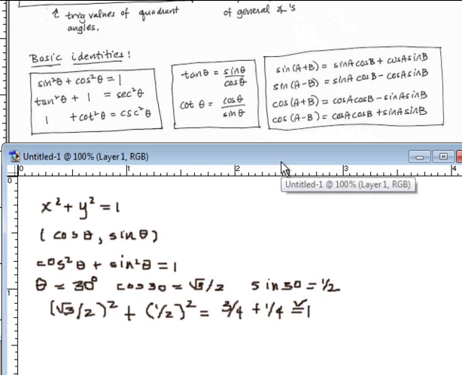So we already saw sine squared theta plus cosine squared theta is equal to 1. Here's another way of seeing that, just based on the triangle.